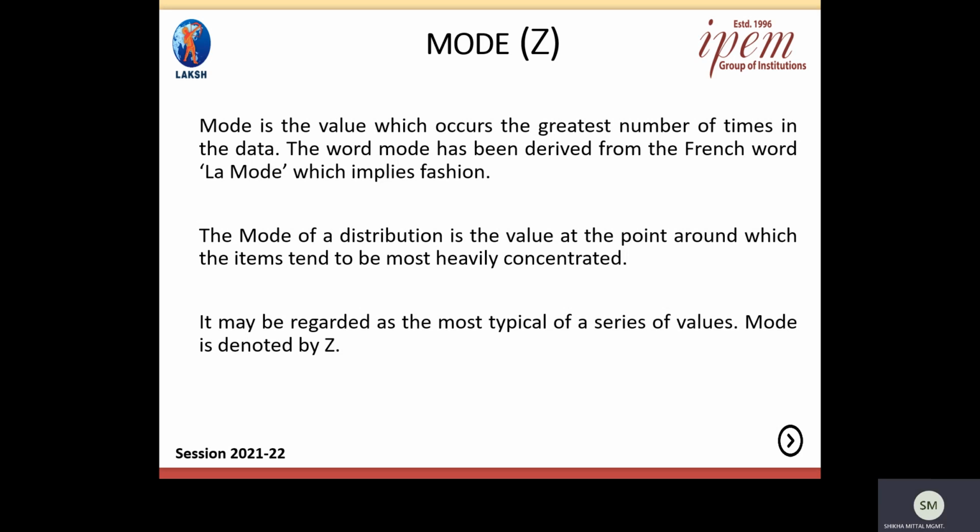The pair sizes of shoes which are in trend are often seen in the market. The mode of a distribution is the value at the point around which the items tend to be most heavily concentrated, or it may be regarded as the most typical of a series of values.